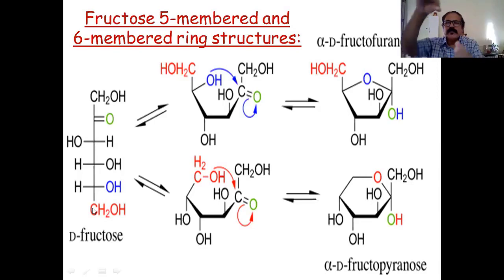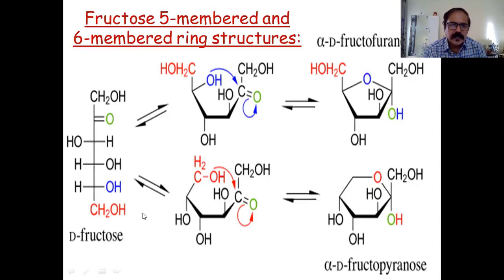When I turn it from vertical to horizontal, the groups present on the right side will go down, and whatever groups are present on the left side will go on the top. Simply turn the molecule like this. So here you can see this CH2O group is here, and this oxygen is coming to this side, and OH is going on the top. This OH is here, and this should be blue coloration.